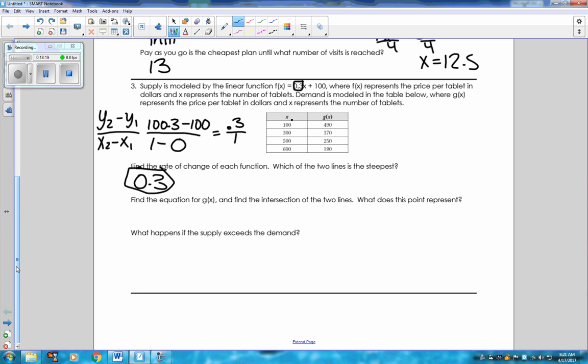Everyone should be trying to find the rate of change of the table. Do you have a question? Stretching? Okay.